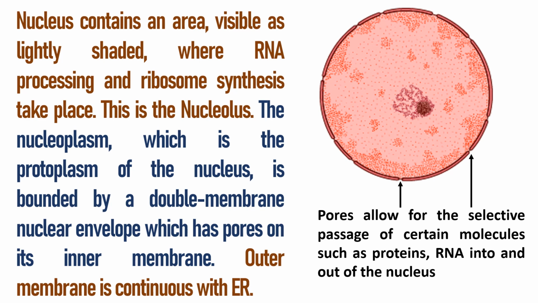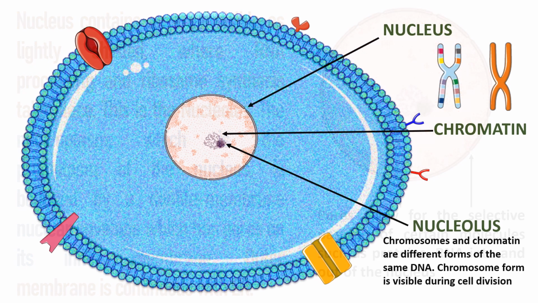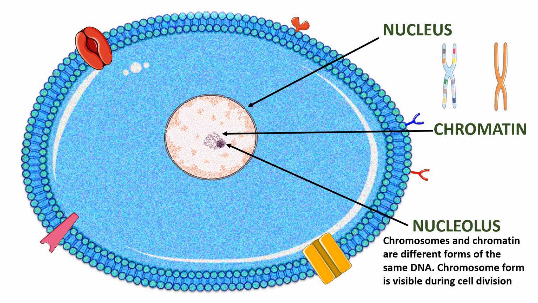The nucleoplasm, which is the protoplasm of the nucleus, is bounded by a double membrane, nuclear envelope, which has pores on its inner membrane. Outer membrane is continuous with endoplasmic reticulum.